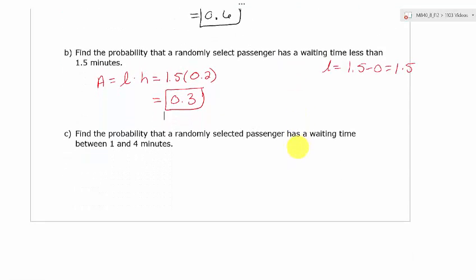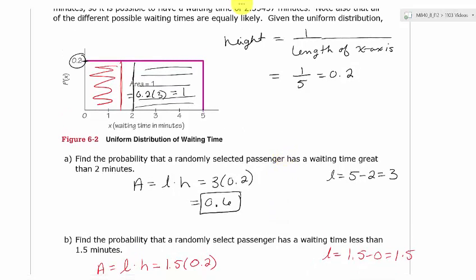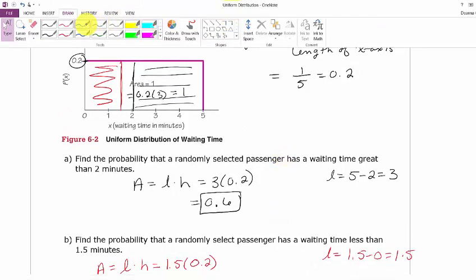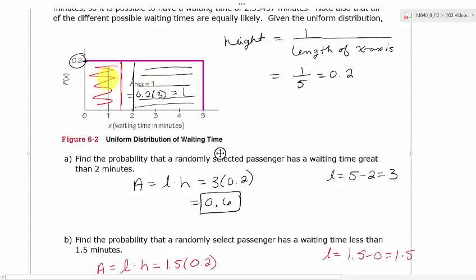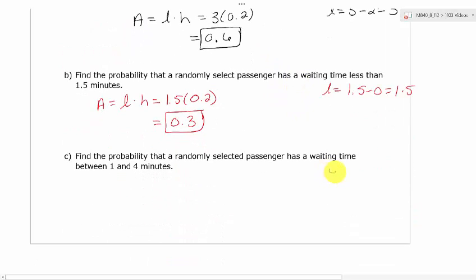In the last one here, find the probability that a randomly selected passenger has a waiting time between 1 and 4 minutes. So let's go back up to our graph. So here's 1 minute, and we want to go up to 4 minutes. And so we need to calculate the area of this blue rectangle now. First, let's calculate our length. That's the big number minus the small number, so 4 minus 1, and we get 3.